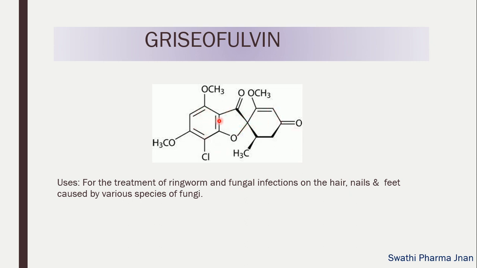Here, this phenyl ring is attached with a five-membered ring with oxygen, that is a furan ring. Then one more six-membered ring, that is a cyclohexene ring, is present. To this cyclohexene, one ketone group, one methyl group, and one methoxy group are present. To this phenyl ring, two methoxy groups and one chloro group are attached.